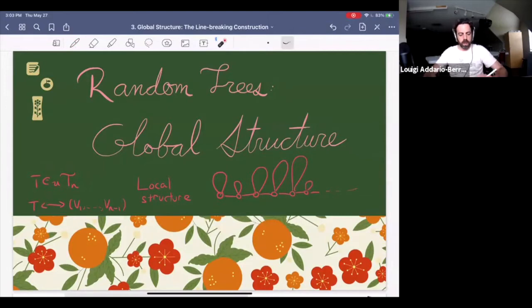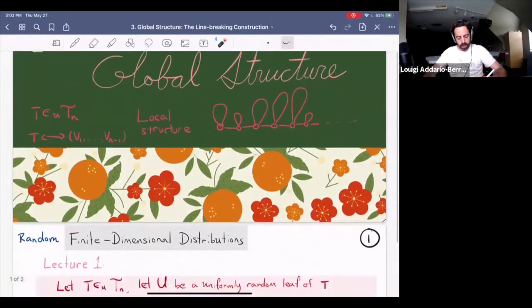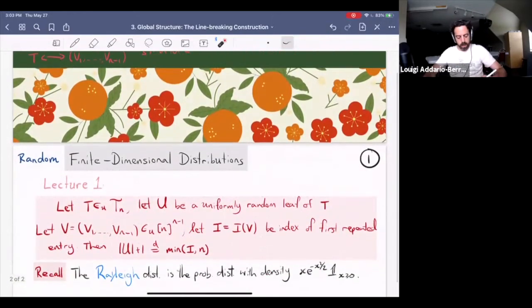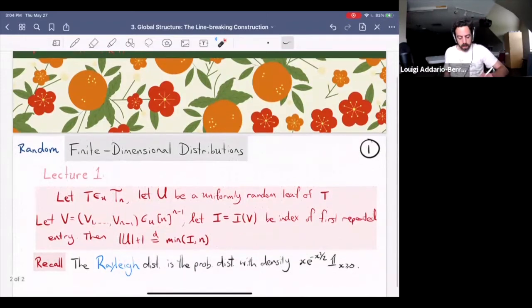So I'm just going to remind you of that and quickly go over the proof of the Rayleigh limit once more, just because it's a computation I want you to understand, because I'm going to do a variety of more involved versions of the same computation. I'd like to have done all the details in the easiest possible case.